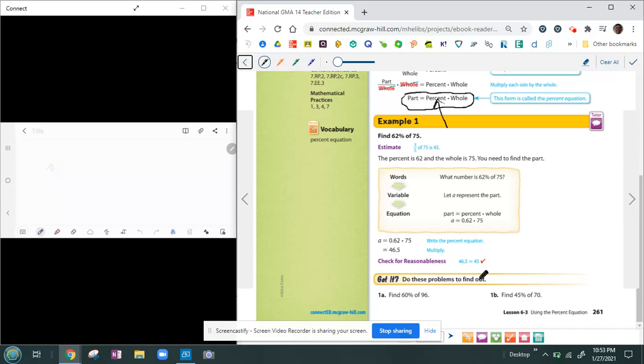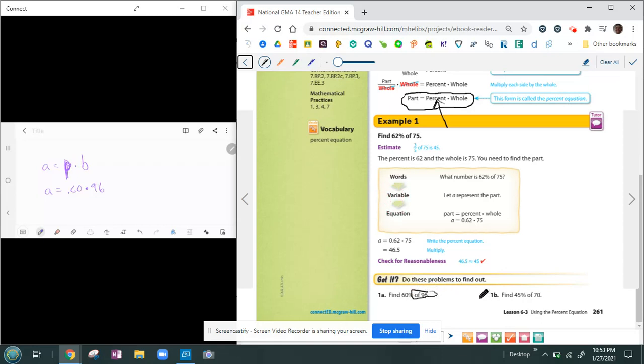Here we have a equals p percent times b, which is what they typically use, at least in this textbook. You have to be flexible though, because they change the variables in every textbook you'll see. Anyway, that's the part. The percent in this case is 0.60 or just 0.6, and the whole is 96 because it comes right after the word of.